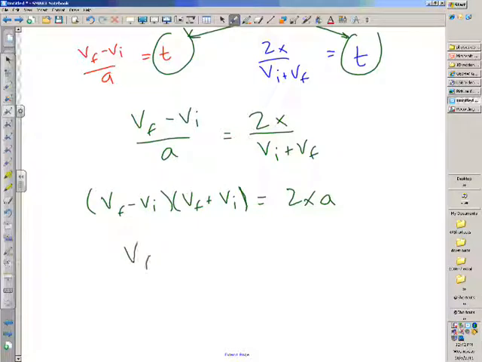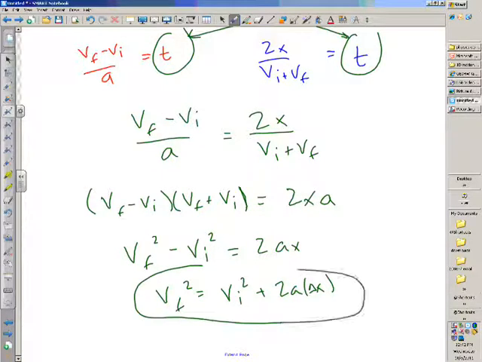When you do a little FOIL, you end up with, yes, it changed the order from 2xa to 2ax. Don't ask me why. It's just how we write the equation. Then, all right, VF squared equals VI squared plus 2 times A times delta x. And yeah, I changed x to delta x, but it still represents the displacement. And there is our fourth equation.